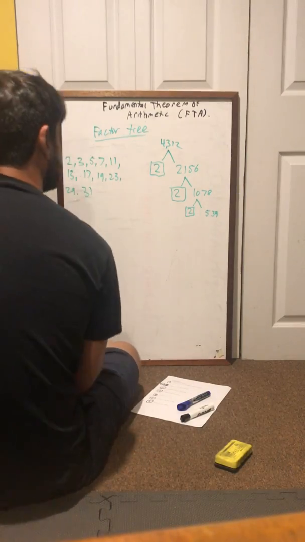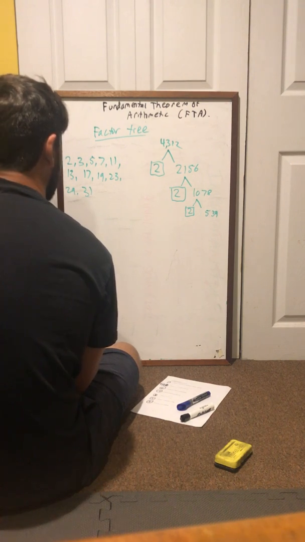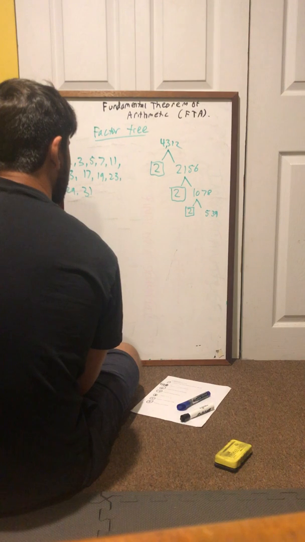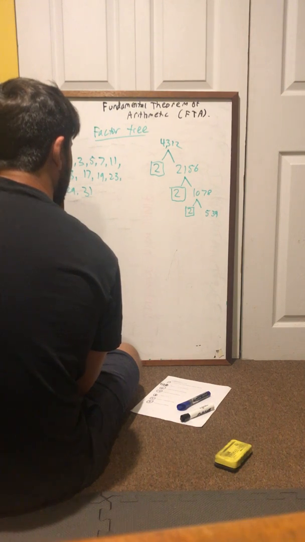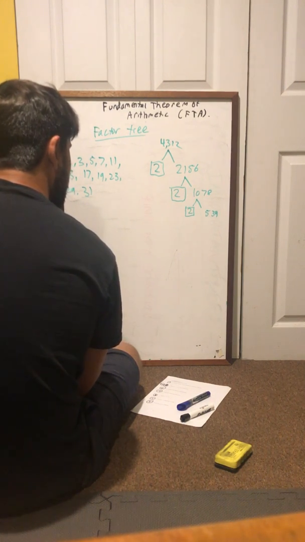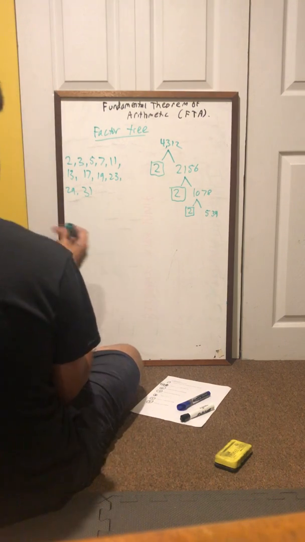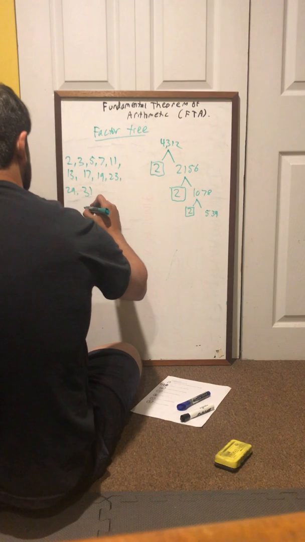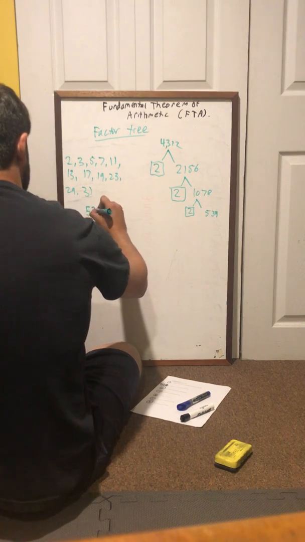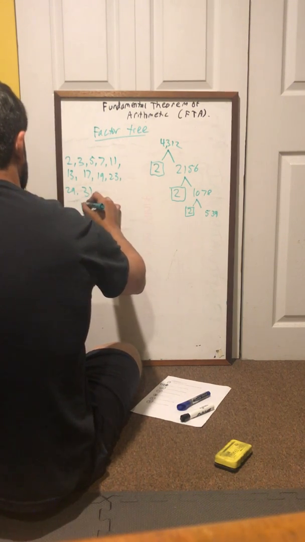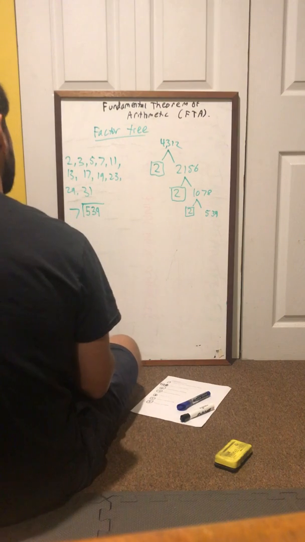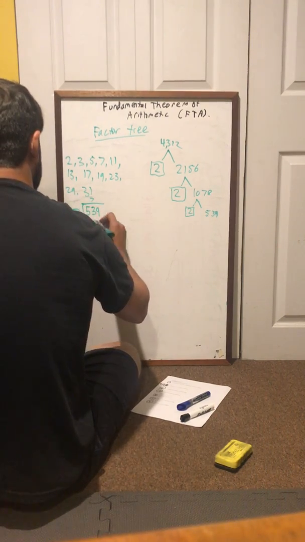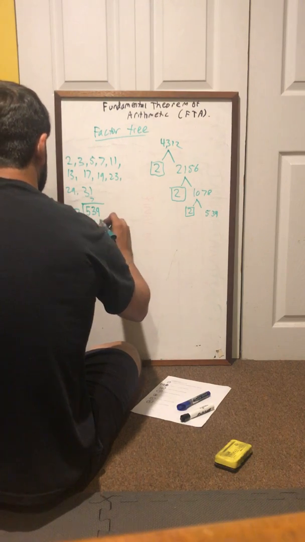539. Can it divide by 3? No. Can it divide by 5? No. Can it divide by 7? I believe so. Let's try it here. We'll get a 7, minus 49 equals 4.